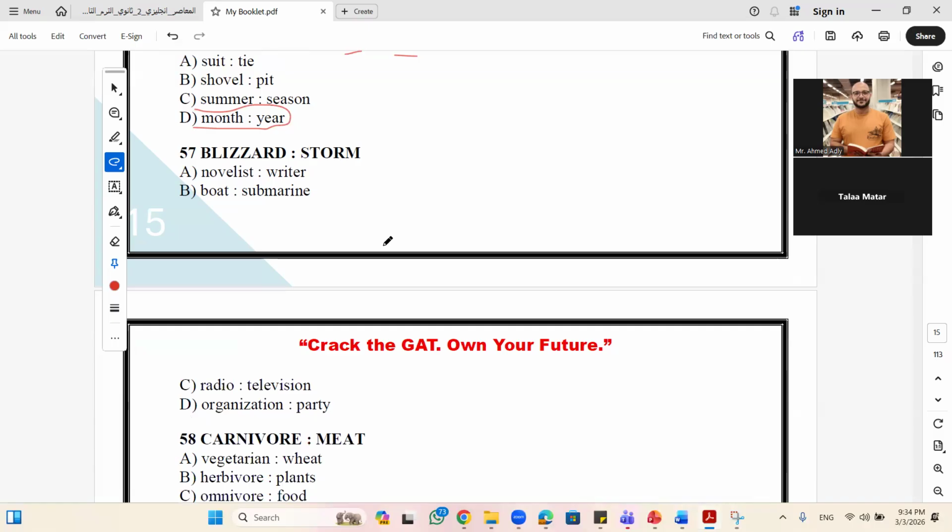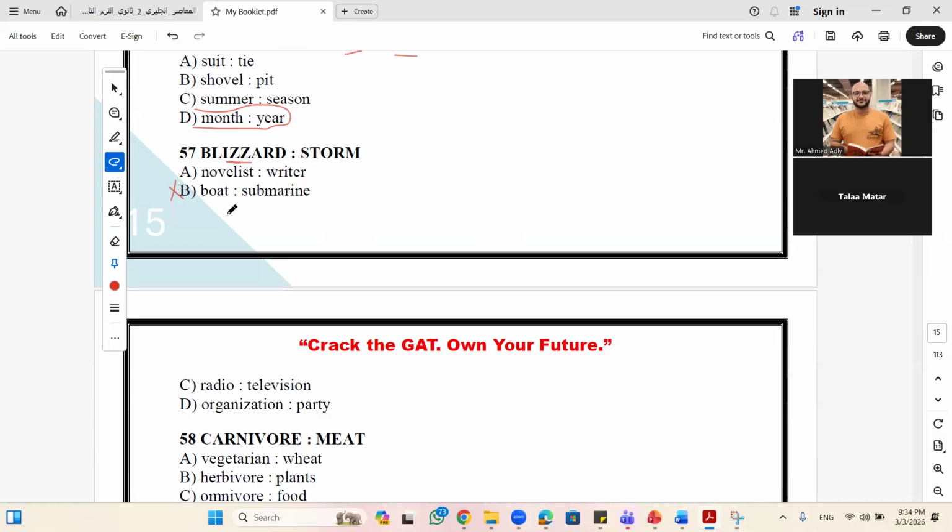Boat and submarine. Is a boat a type of submarine? Nope. Look here, I have the type first, and this is the category. This is the classification.